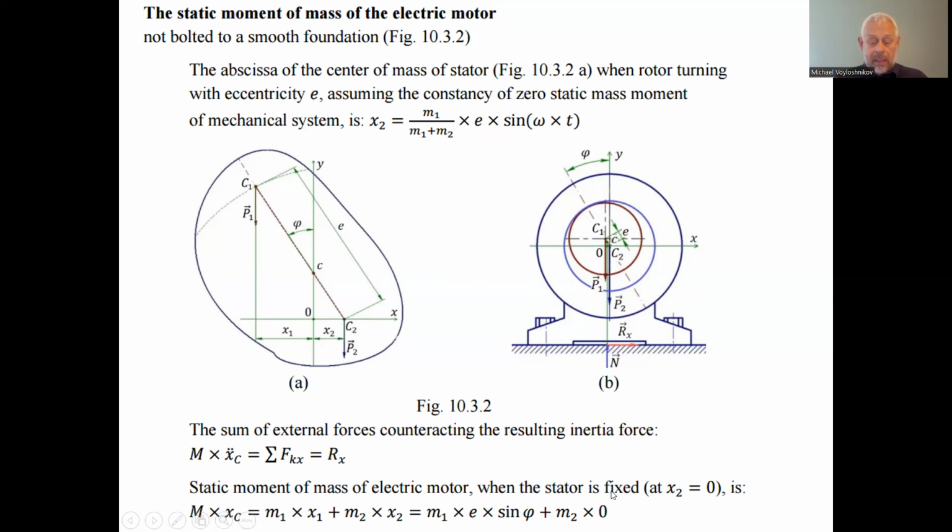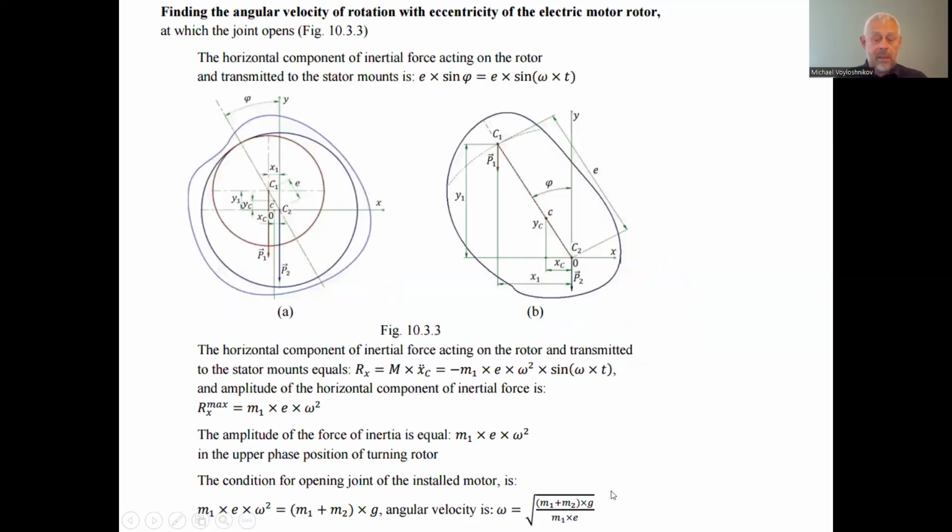In this case we have the horizontal external force acting on this mechanical system, and it is equal to the product of the mass of the mechanical system by the acceleration projection on the abscissa axis of the motion of the center mass of the mechanical system. As the rotor rotates, the center of the mass of the rotor rotates.